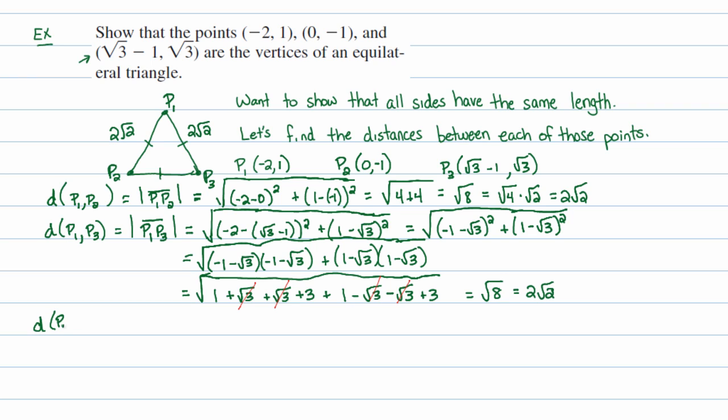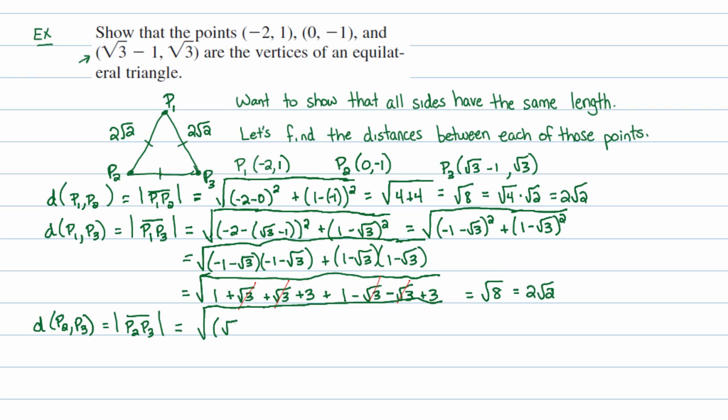The distance between point 2 and point 3 is equal to, well, the absolute value of the line segment, the distance of the line segment between point 2 and point 3. This one won't be as bad because point 2 actually involves an x value of 0, so that'll help out quite a bit actually. So let's see. I'm going to actually choose my first x value here to be root 3 minus 1.